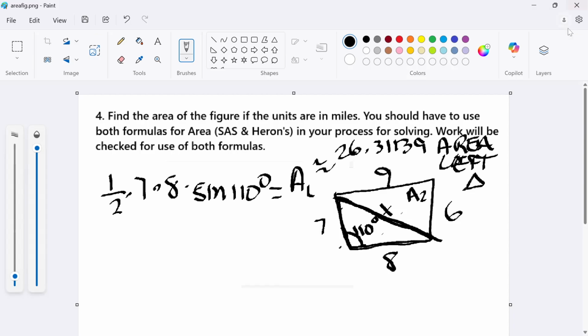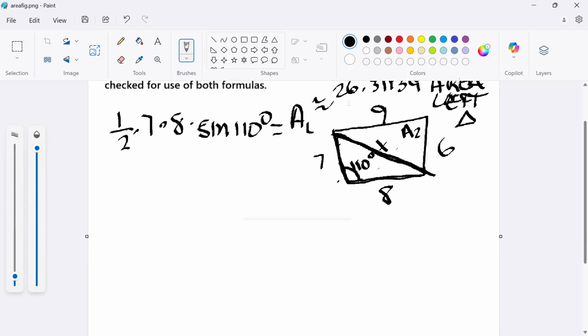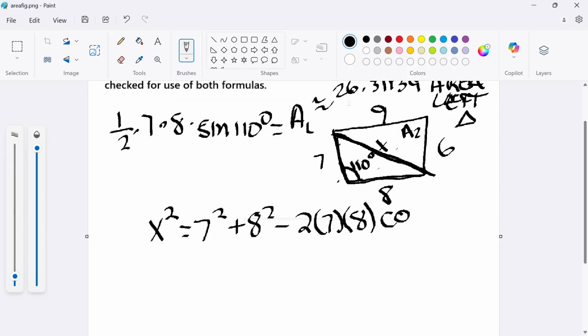Now I need x. So I'm going to use the law of cosine to find x. It would be x squared equals the other two sides squared, 7 squared plus 8 squared, minus 2 times 7 times 8 times cosine of the angle.